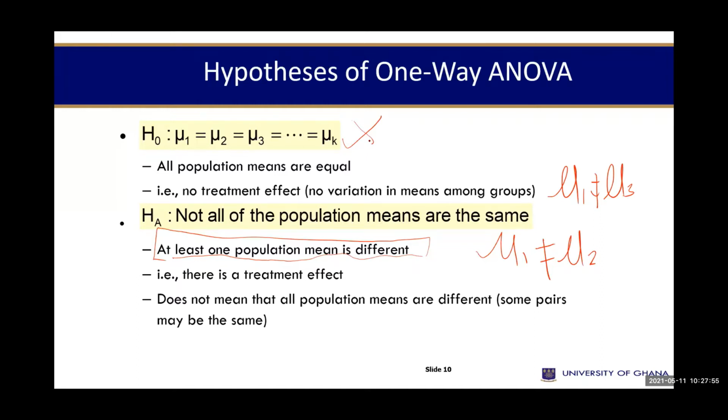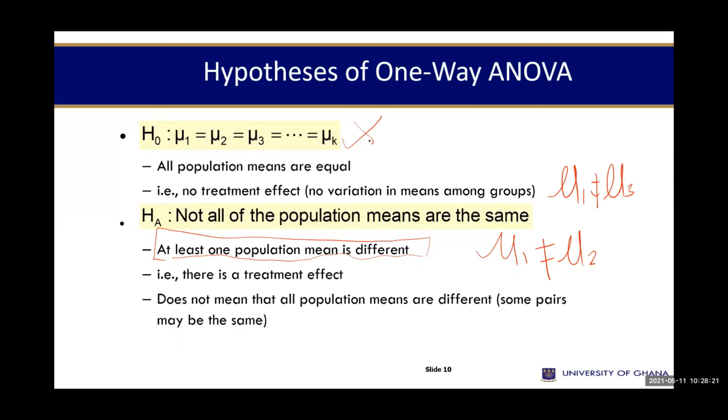So unlike the two populations where we just reject the null hypothesis and give our conclusion, for ANOVA, when we reject the null hypothesis and give our conclusion, we must further check which of the population means is actually different from the other.